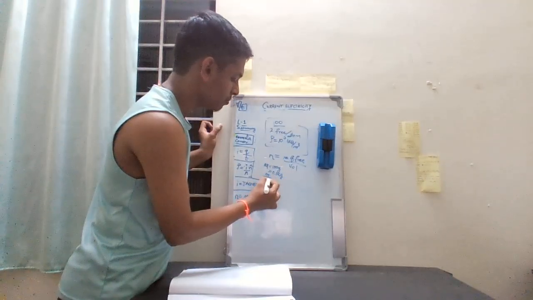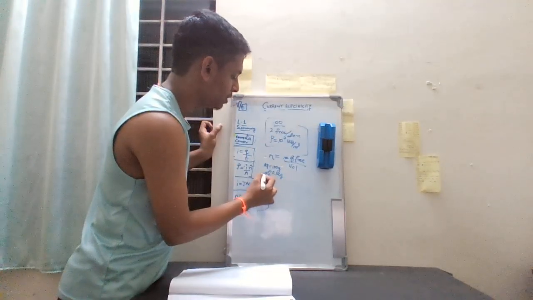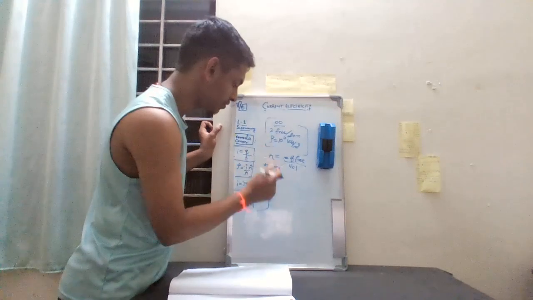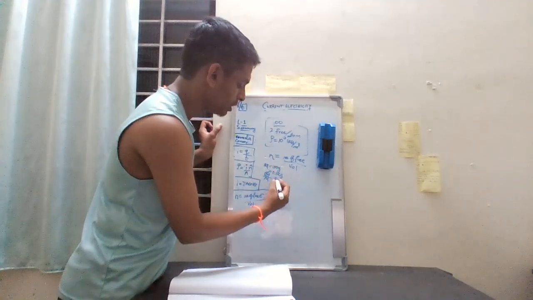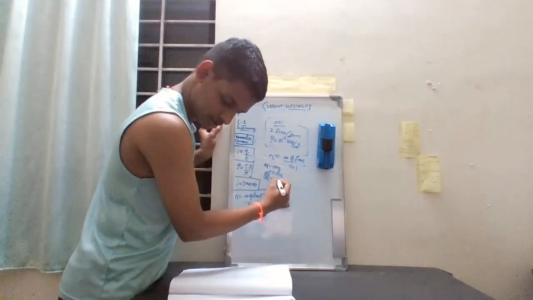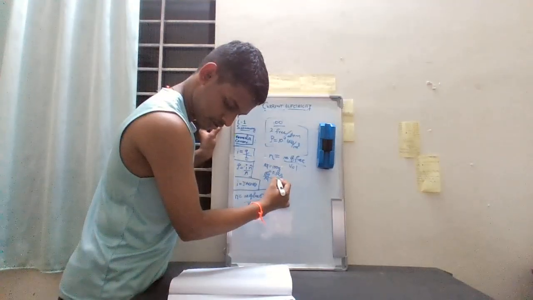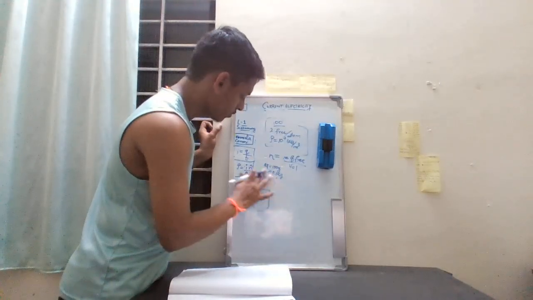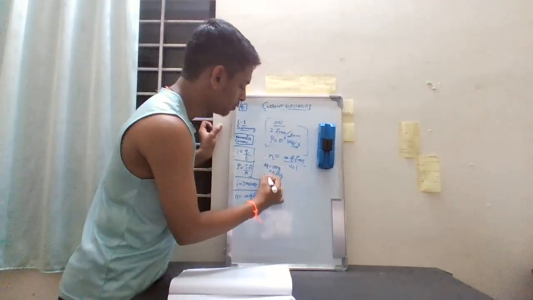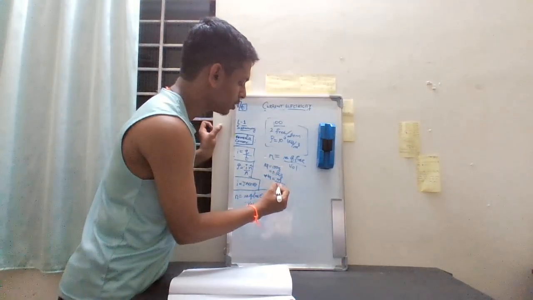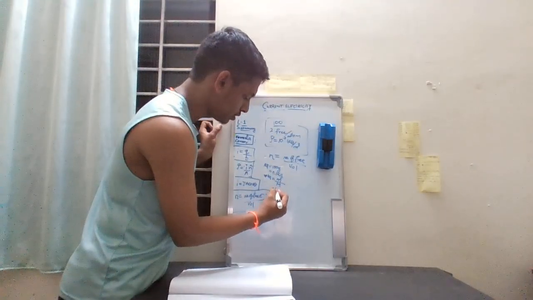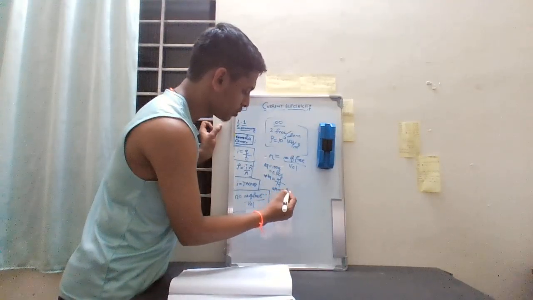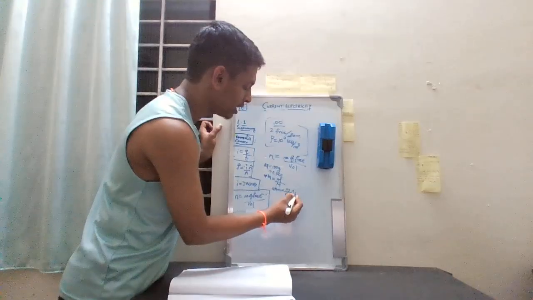Small m here will be the given mass, which we are not given, so we'll just assume it to be small m. The number of moles would be given mass by total mass, and then the number of atoms would be small m by capital M into Na.